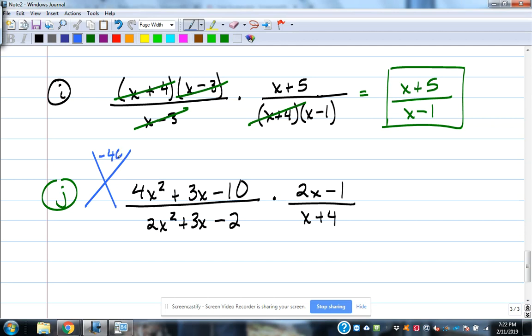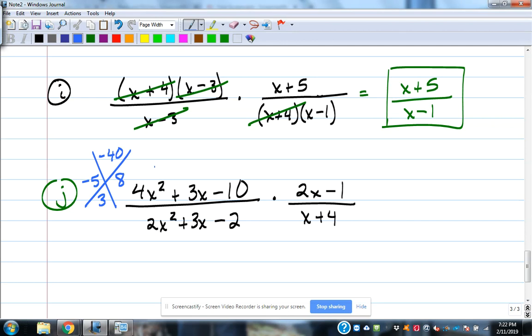Negative 40. That comes from 4 times negative 10. And the bottom is a 3. Multiply to be negative 40 and add to be 3. Negative 5, positive 8. Good job.